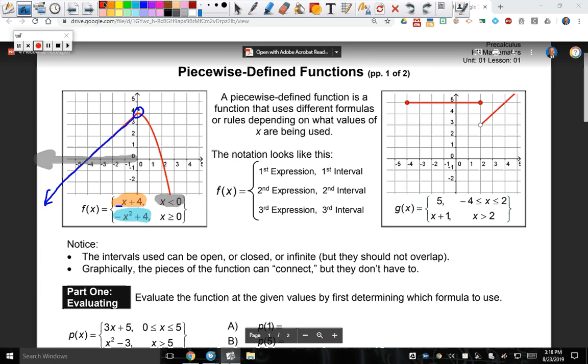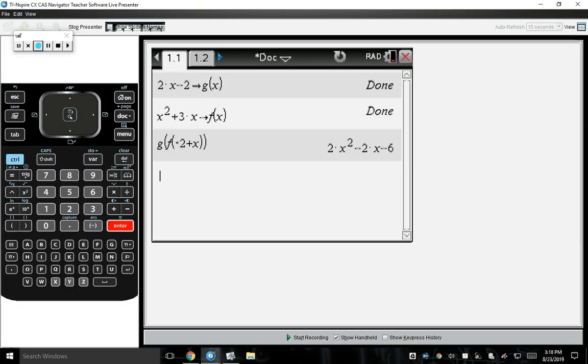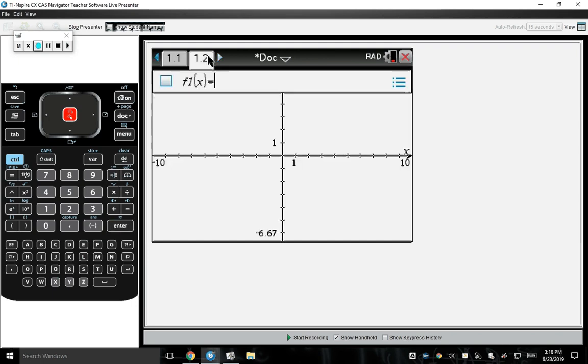Negative x squared plus 4. Follow me carefully. In our calculator, I want you to soft mouse, and you can click on 1.2. Or, guys, to go back and forth real fast, press Control left, Control right. No worries, just follow along. Here we go. Negative x squared, and it's going to be plus 4.